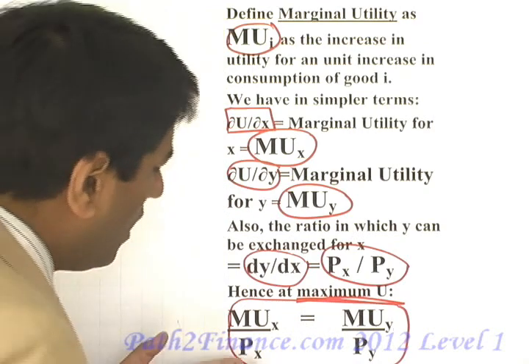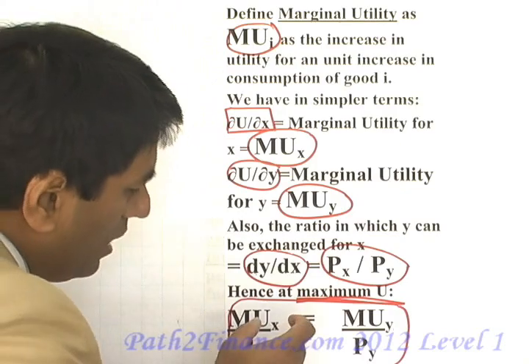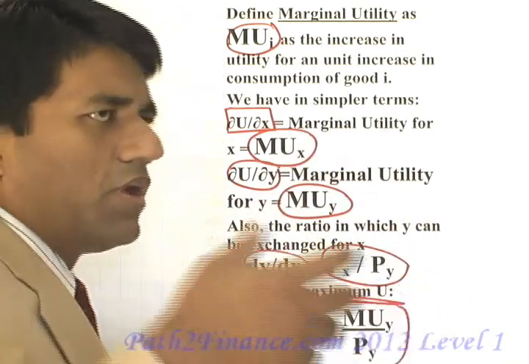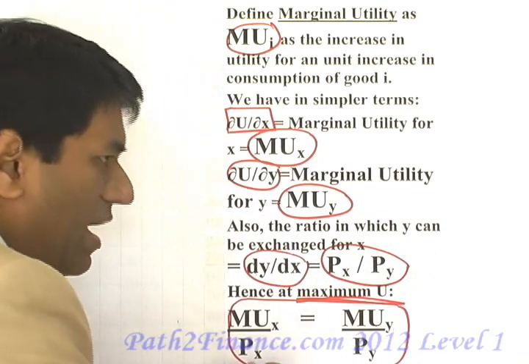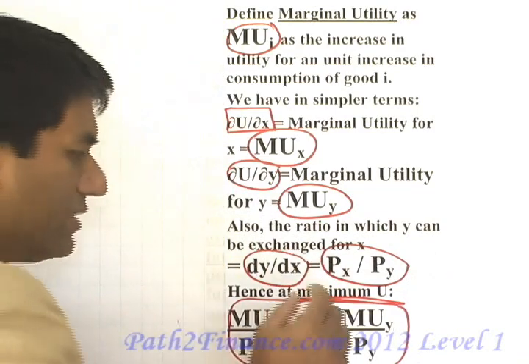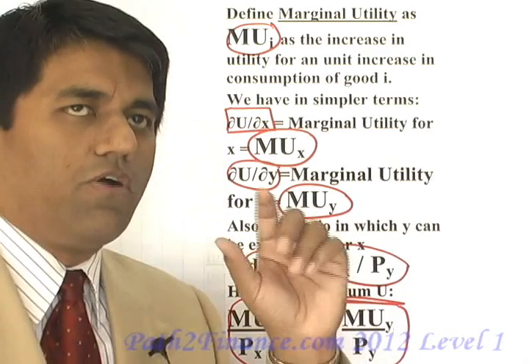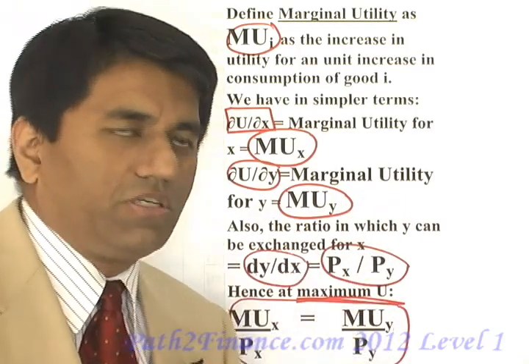So if the utility that you get from consuming one apple equals the utility that you get from consuming two peaches, then it must be that the price of apples is double the price of peaches. So for one apple, the price must be twice the price of a peach.